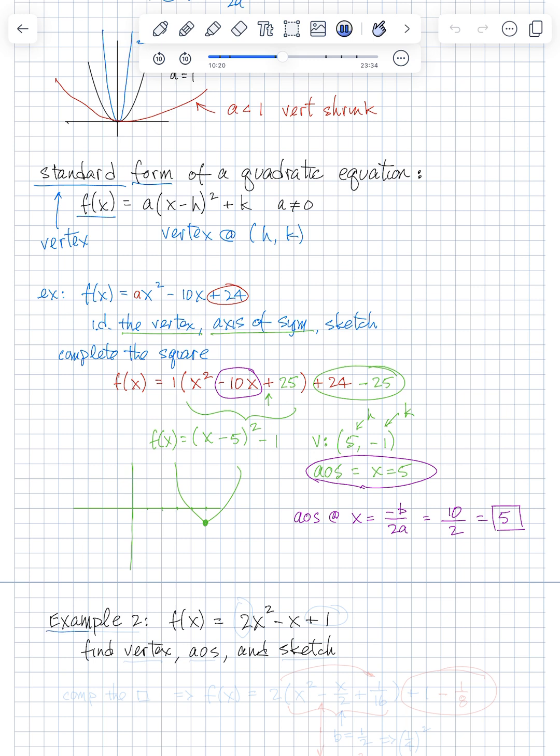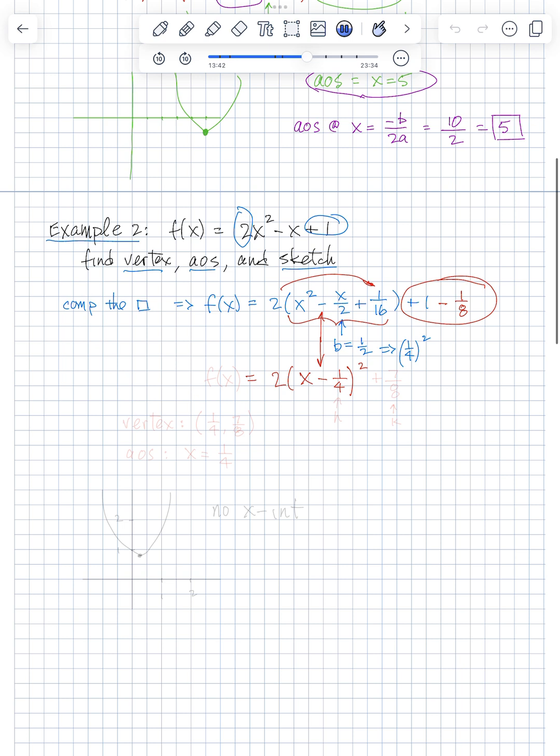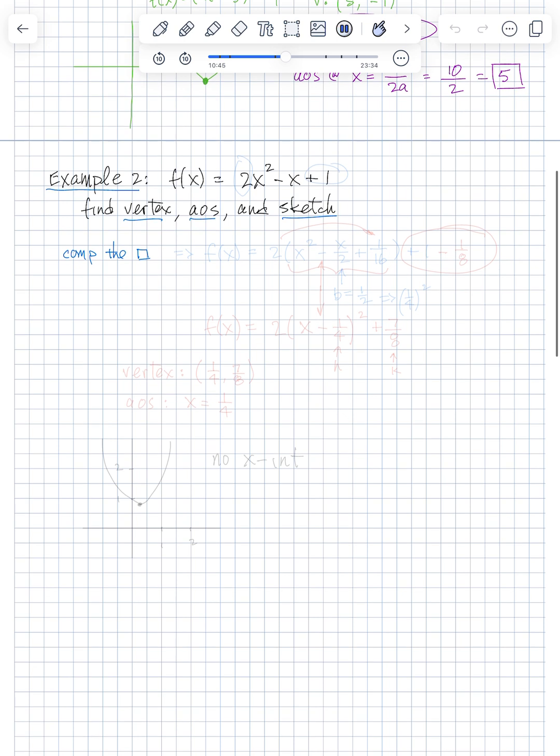Okay, example 2. F of x is equal to 2x squared minus x plus 1. And we still have this, plus 1 minus 1/8. So that would be 8/8, completing the square. Notice that our value of a is not 1, so we're going to have to factor out a 2 to begin with. So f of x is equal to 2.